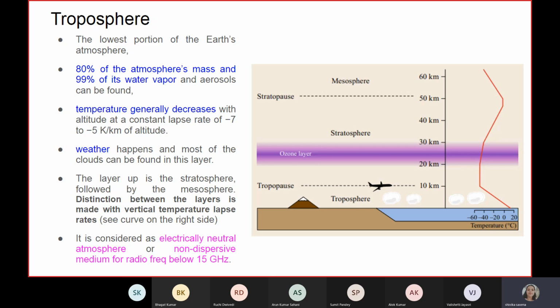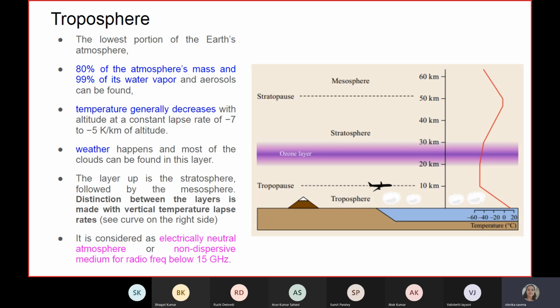The temperature can decrease with height at a constant rate or at different rates. So with different layers we have different rates of decrease of temperature. This is known as temperature lapse rates. Wherever the temperature lapse rate is changing, we are encountering a new atmospheric layer. I hope this is clear.